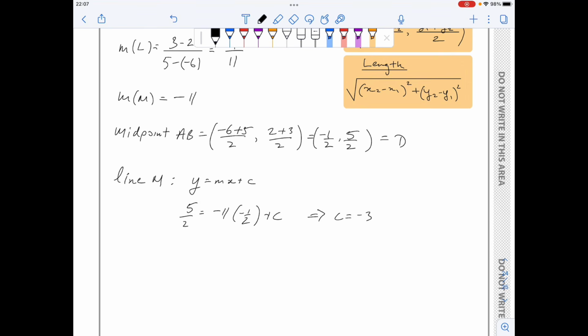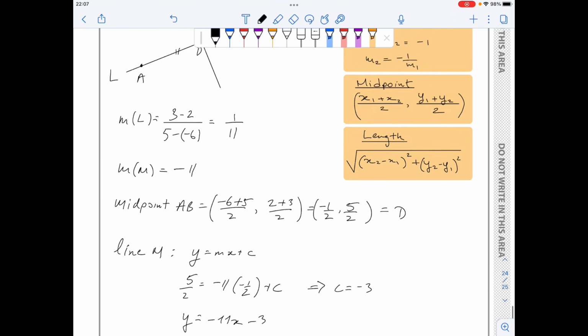Hence, the equation of this line is y equals minus 11x minus 3. So point C can be found by setting x equals minus 1 on this line. Hence, y equals minus 11 times minus 1 minus 3, which is equal to 8. So point C is minus 1, 8.